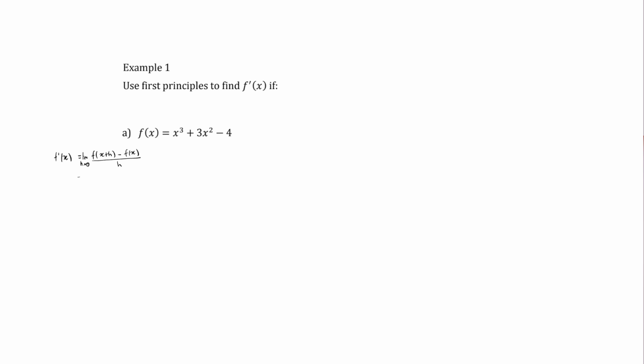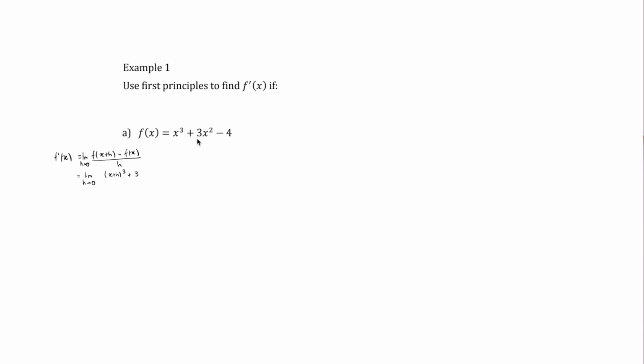So keeping up with our notation now, we are going to plug in the values that we are given. So instead of just having x, we are going to apply the function to our input here, which is going to be x plus h. So instead of x, I am going to have (x plus h) cubed plus 3.